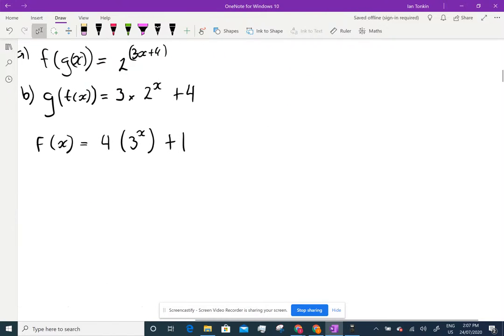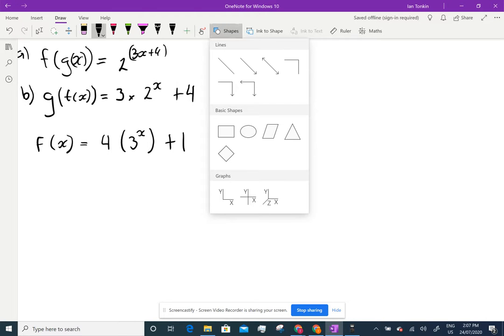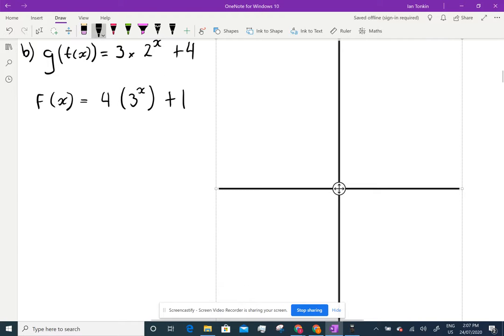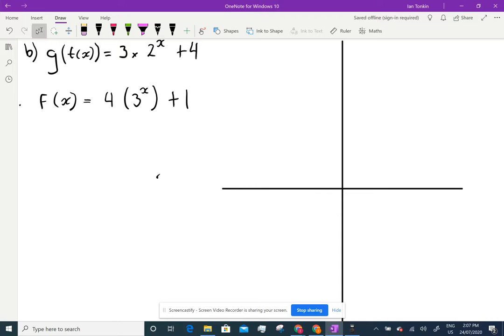But I'm just going to go over here and get a shapes, the big x-axis, x and y-axis, number plane. Now, normally we go, that 4 just makes it steeper and that moves it up 1.